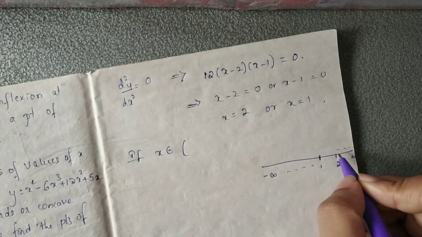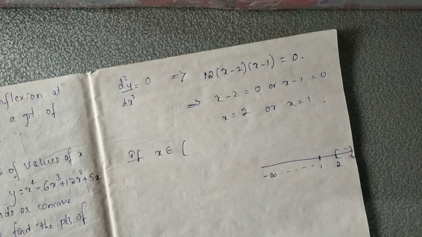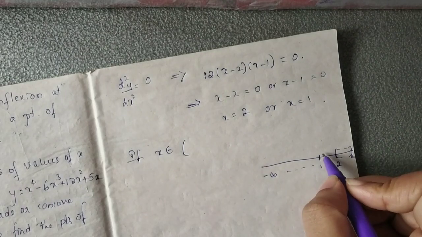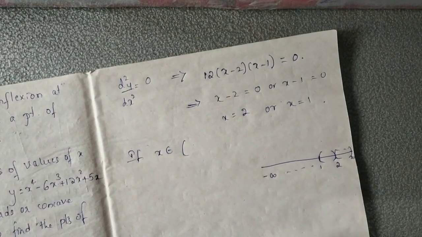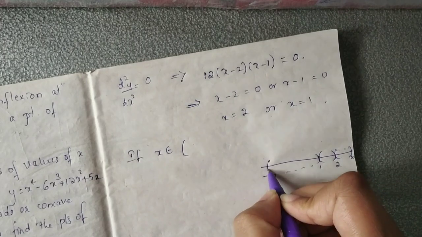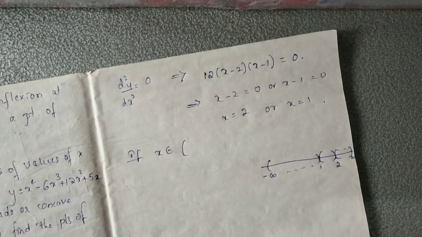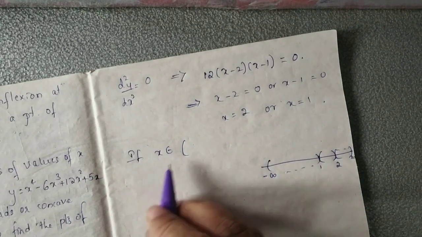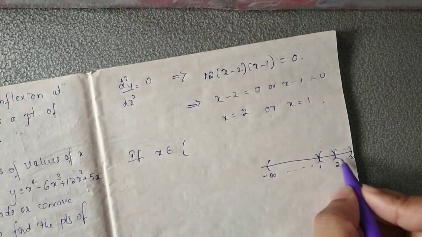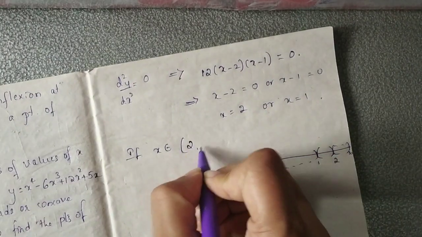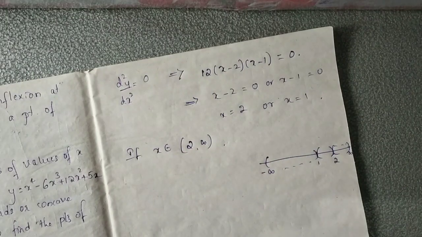So I will take the intervals 2 to infinity, 1 to 2, and minus infinity to 1. First let us check x belonging to the interval 2 to infinity. Am I clear?